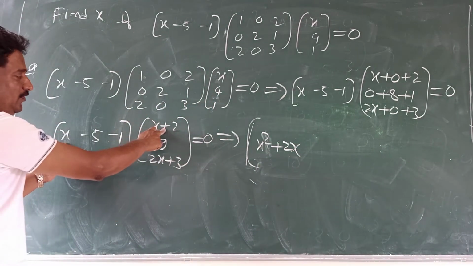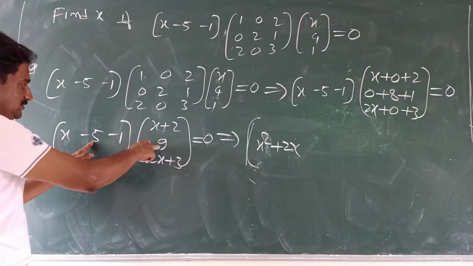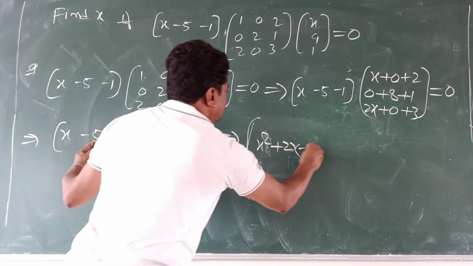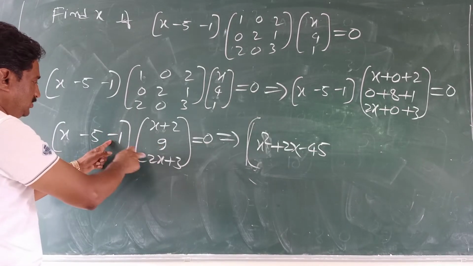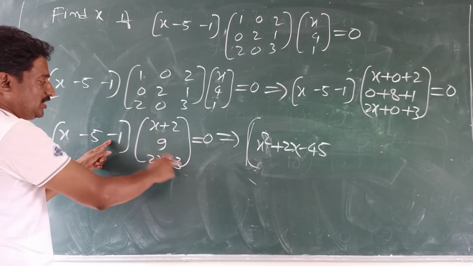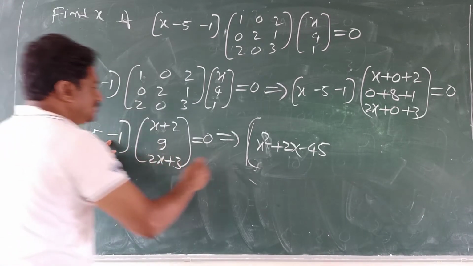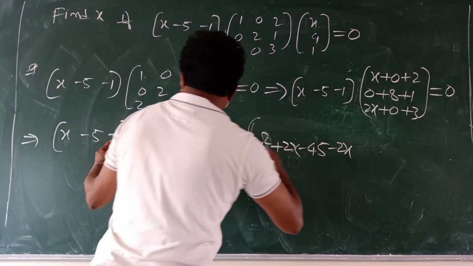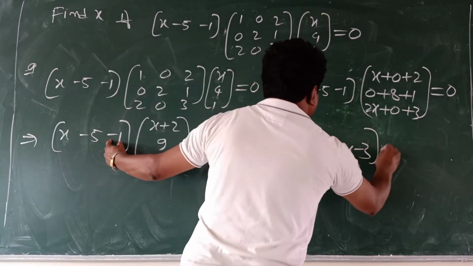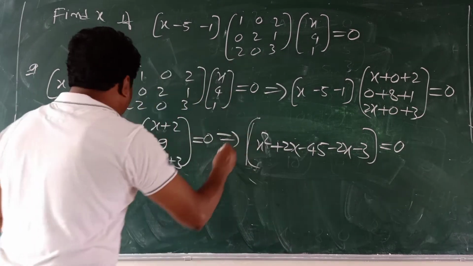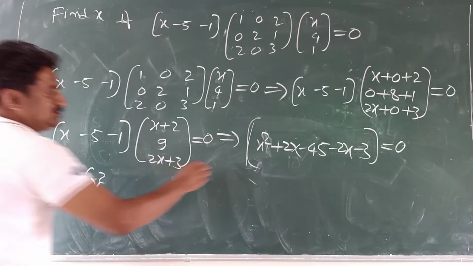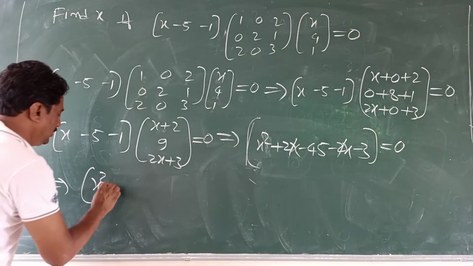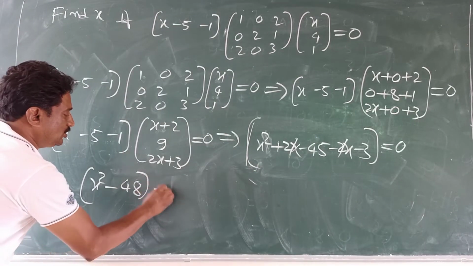First into first over, plus second into second, 9 5s are 45, minus 45. Next, third into third, minus 1 into 2x plus 3, minus 2x minus 3, is equal to O. Simplify that. x square, 2x get cancelled, minus 48 is equal to O.